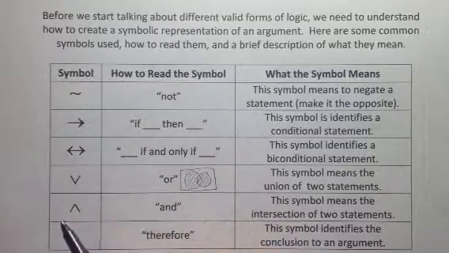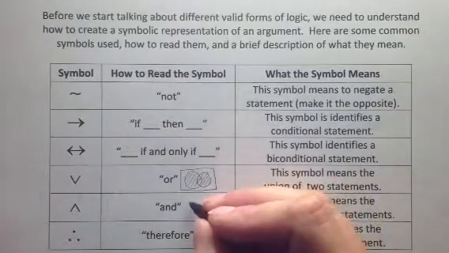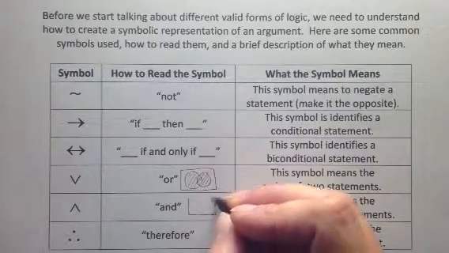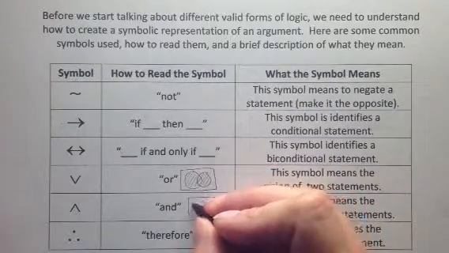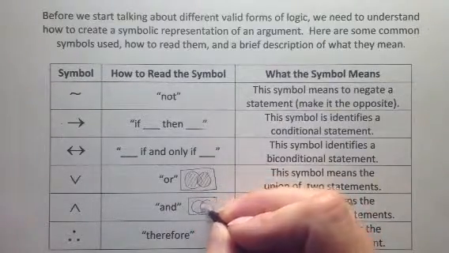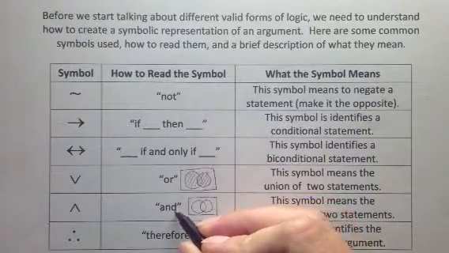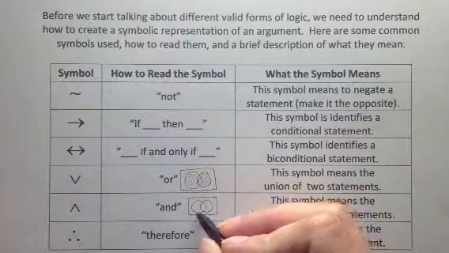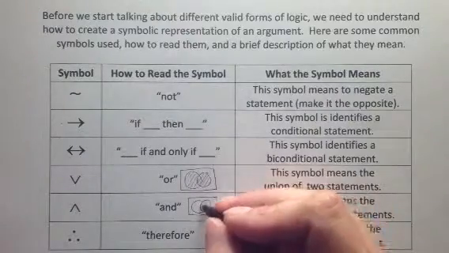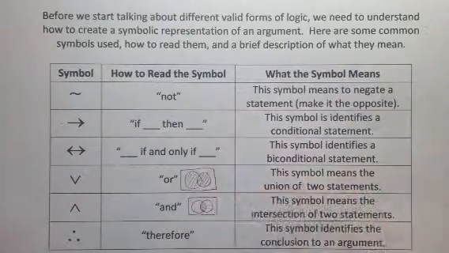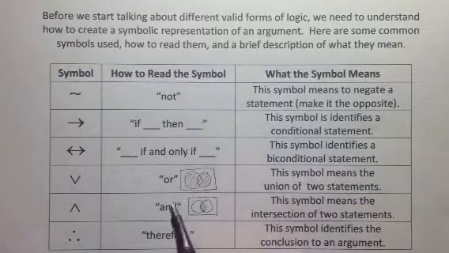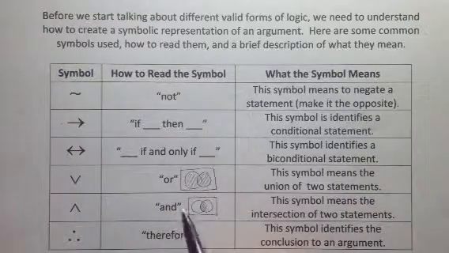The and statement, the regular caret, that would actually be talking about the intersection of the two. So for example, I think I said work and school. If I go to work and I go to school, that would be the intersection of these two. Alright, so that's an and statement.